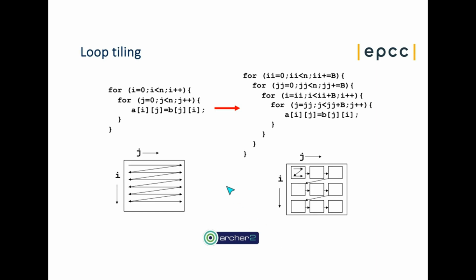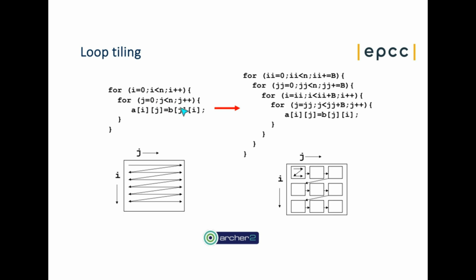Okay, so the basic idea of blocking transformations is loop tiling. If you have a loop nest like this, it's like the good case we had before. We've got a double nested loop which is accessing array indices, except that we've got a problem here because we're basically doing a transpose.